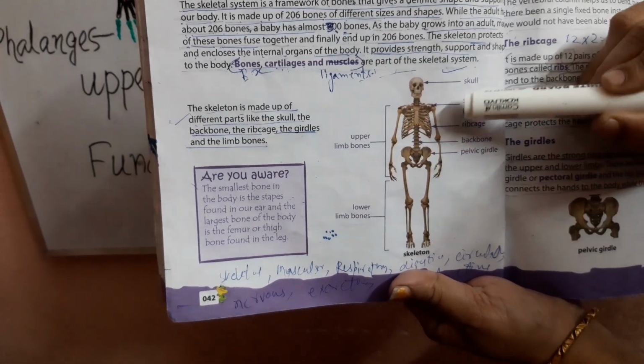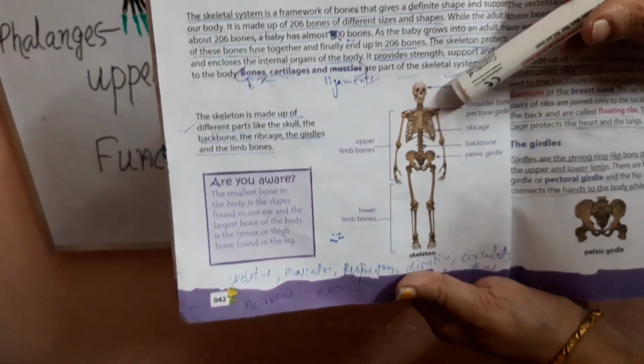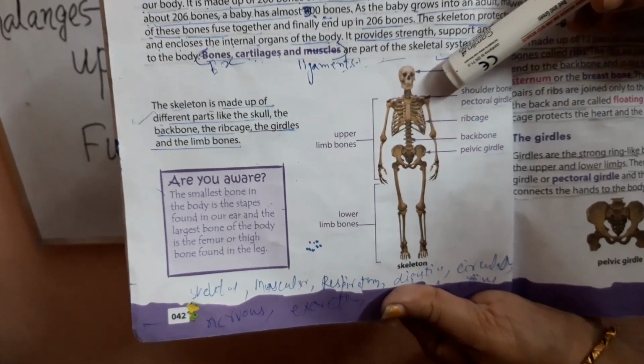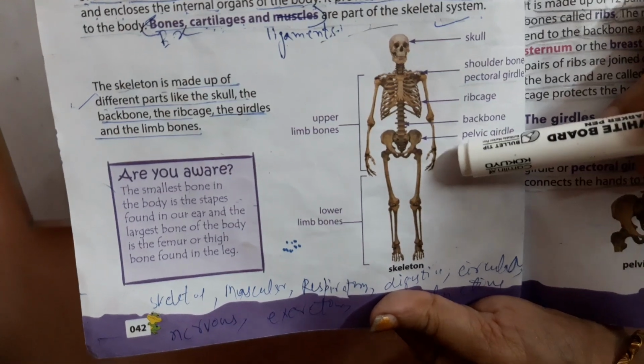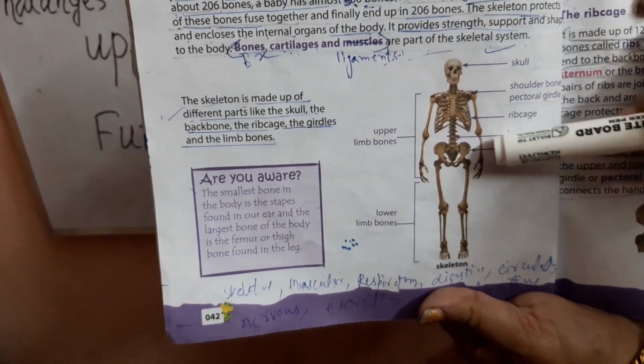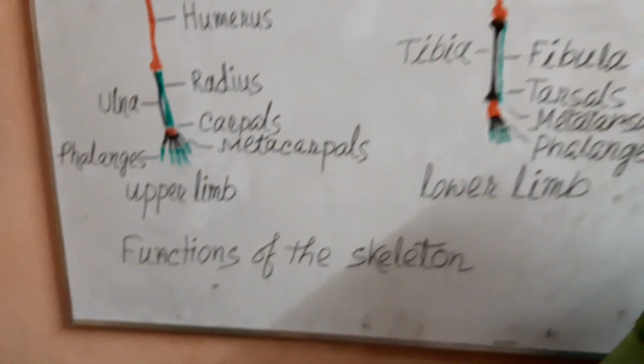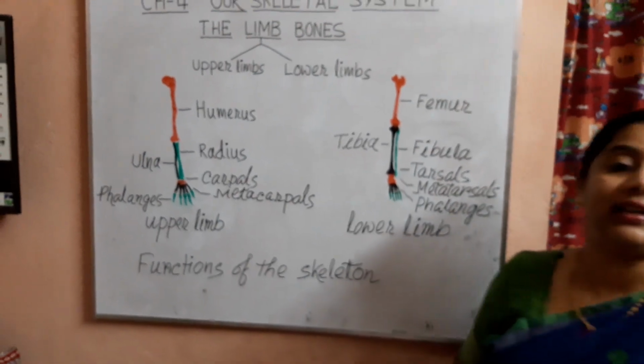Understood? As the humerus bone is connected to the pectoral girdle or the shoulder girdle, the femur bone or the thigh bone is also connected to the hip girdle. Understood? Now students, let us study the different functions of the skeleton.